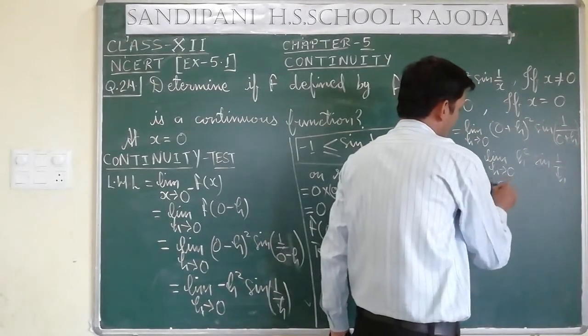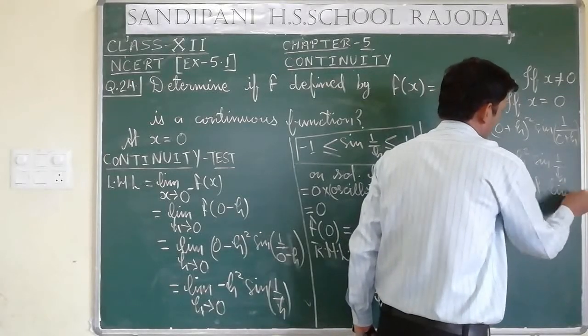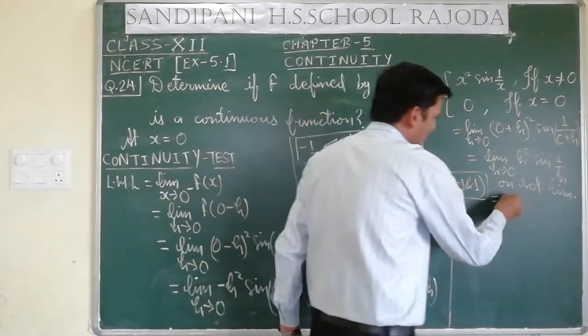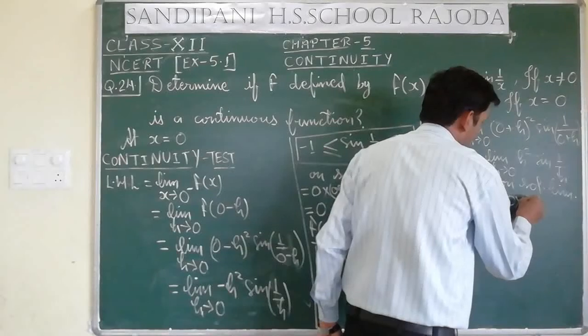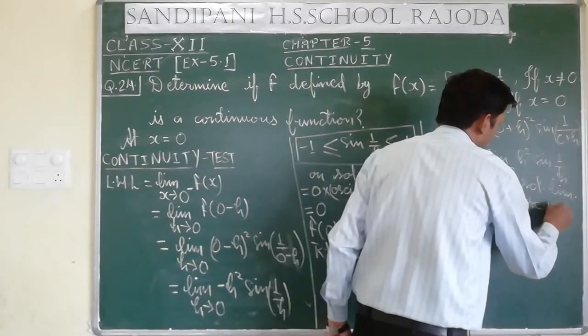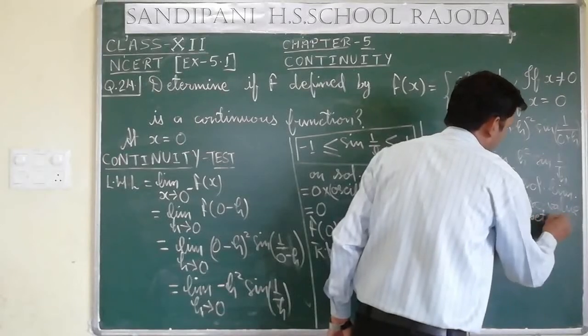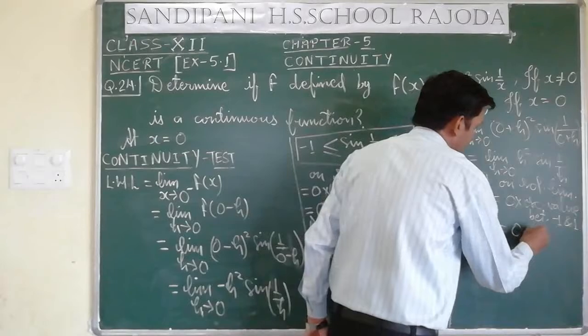So again, on solving limit, we may write according to this only, that 0 into oscillating value between minus 1 and 1. So it will be equal to 0 only.